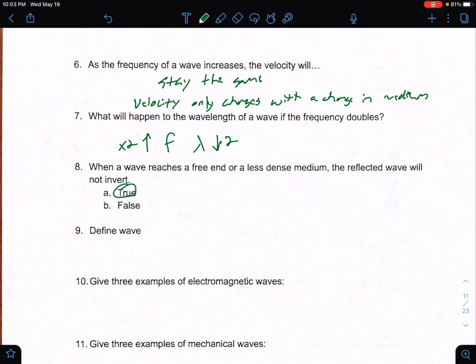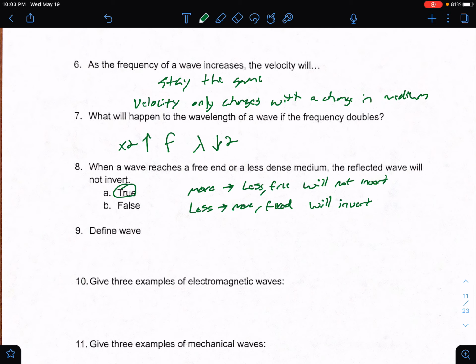If you go to a free end or less dense, so if you go from more dense to less or free, it will not invert. Meaning it will come back in the same direction. Okay, when you go from less to more or a fixed end, when it hits that, it will invert and come back in the opposite direction.